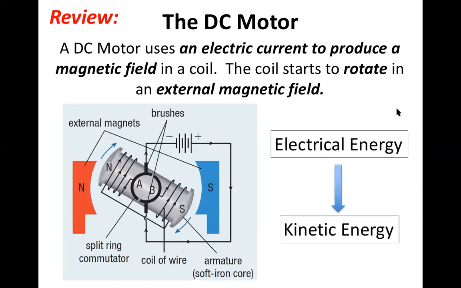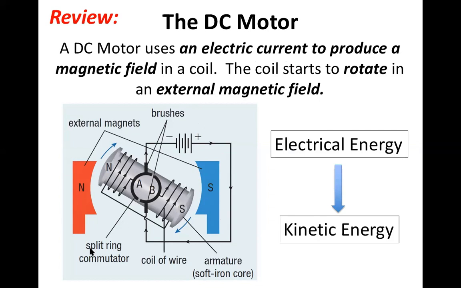Just want to review a few previous lessons that connected together that we haven't had a chance to talk about yet. So in the DC motor, it uses an electric current to produce a magnetic field in a coil. So starting from a battery, starting from electrical energy, and the concepts of electromagnetism that we've discussed, we can cause rotation, and through the components, we can cause continuous rotation.